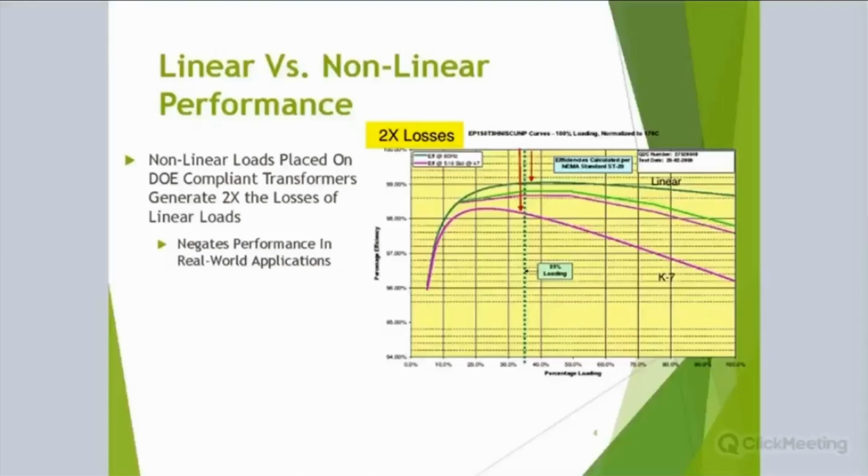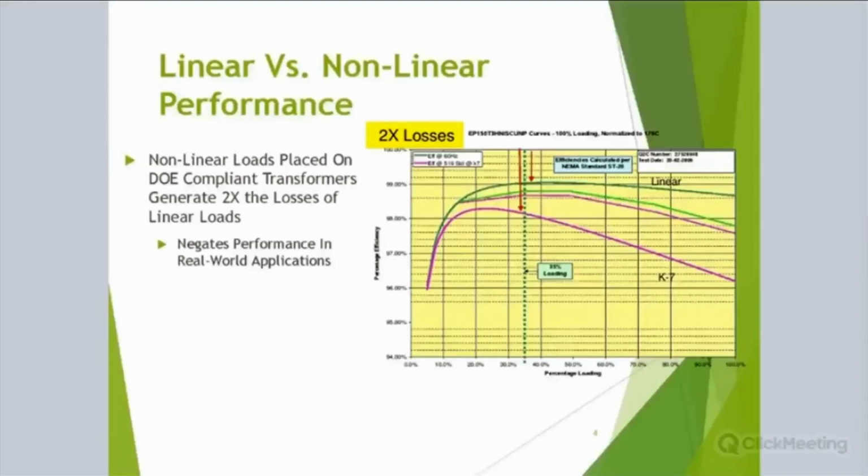But if we're at 11% loaded on the linear load, if it's tested and meets 99% efficient, at 10% loading, it's only 98%. And a lot of people think 1%, that's not a lot.